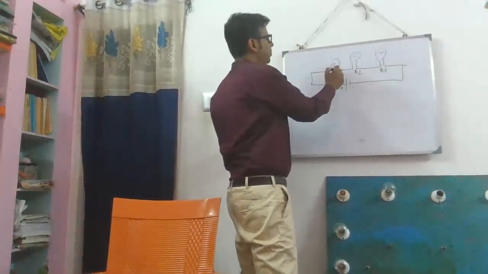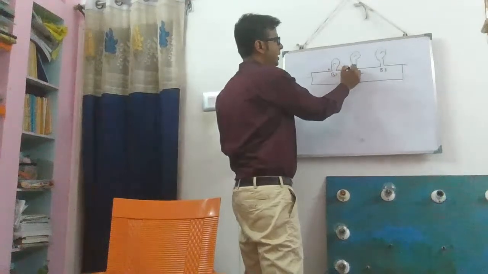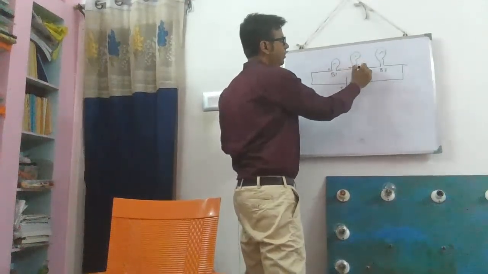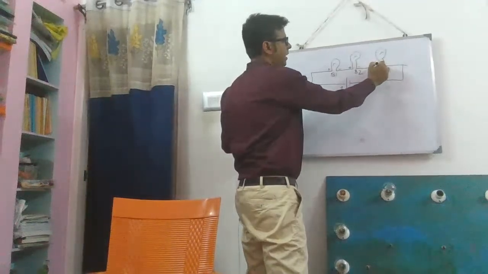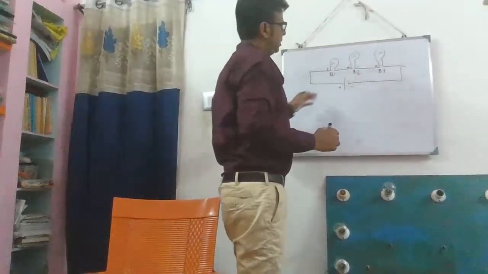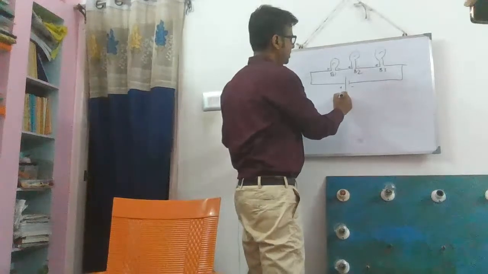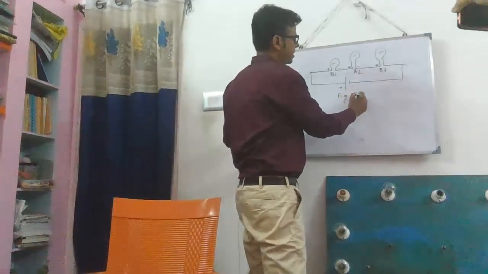Here the bulb's positive and negative: the negative part is attached with the positive of the second bulb, and here the negative part is attached with the positive of the third bulb. So this connection is a series connection.